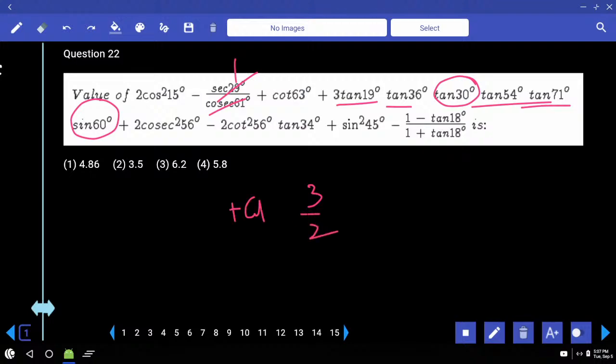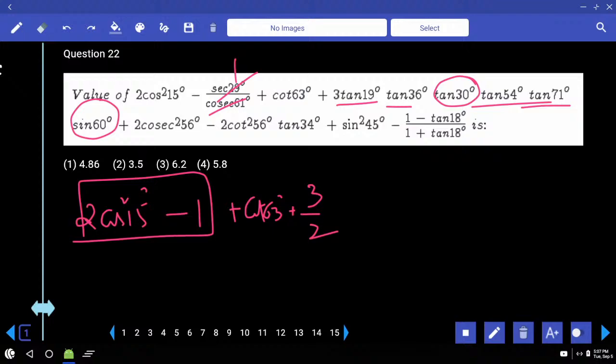Plus cot 63 minus 1. 2 cos square 15: 2 cos square theta minus 1 is cos 2 theta, cos 30 is root 3 by 2.